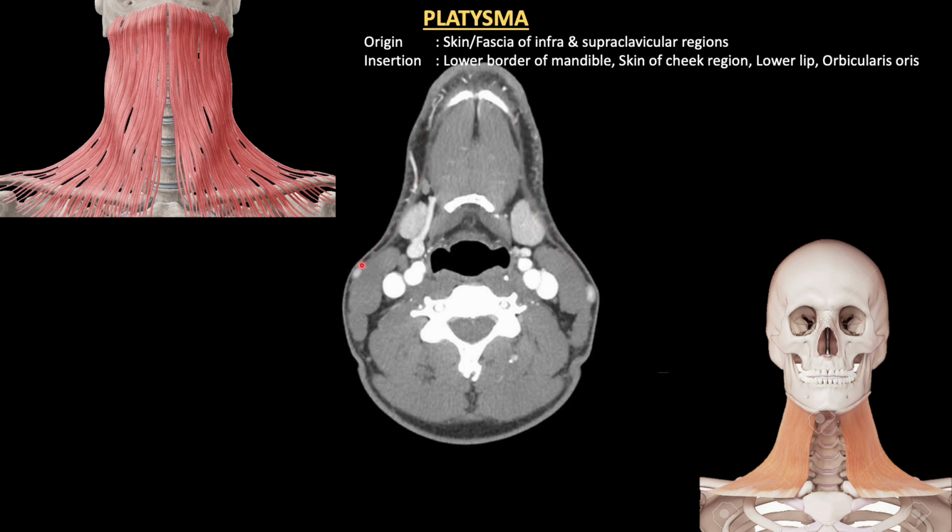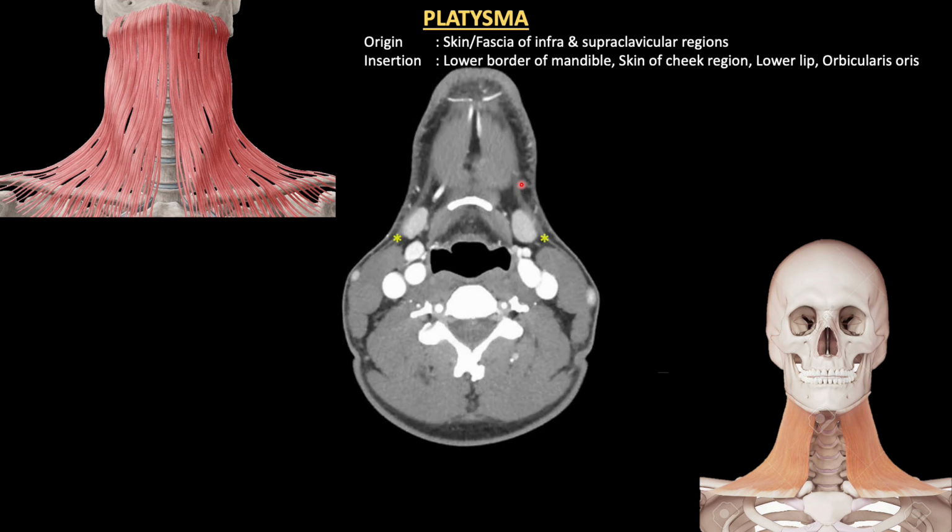Again, you can't identify it everywhere because sometimes it blends with the muscles. So you have to try and find a cut where you can see the platysma and then scroll up and down and identify it. So this here is the platysma.